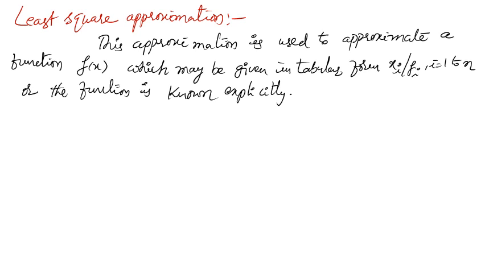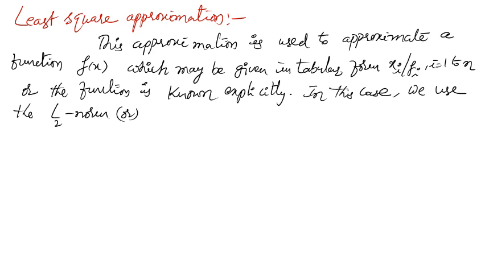Now in this least square approximation we use the L2 norm, which is also called the least square norm, or square norm.